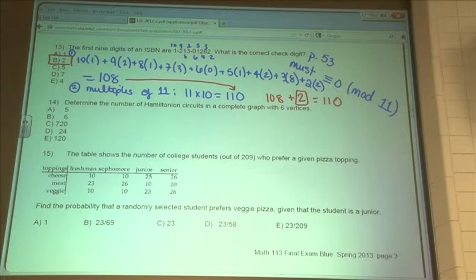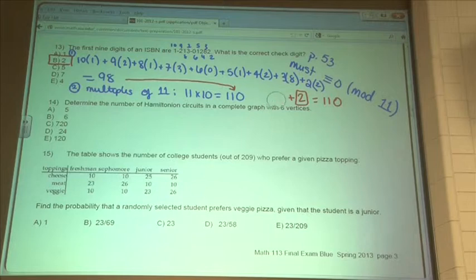Okay, I'm going to go back through it. I wrote my numbers down wrong. I wrote 10 times 1 in the calculator, I hit 10 times 2. My bad. So yes, 98. That's why I asked. Thank you.